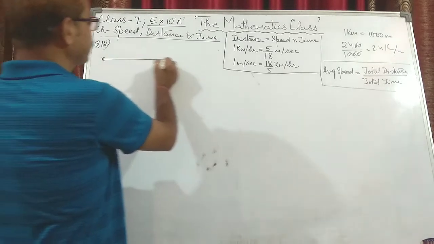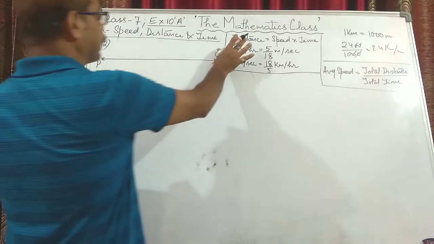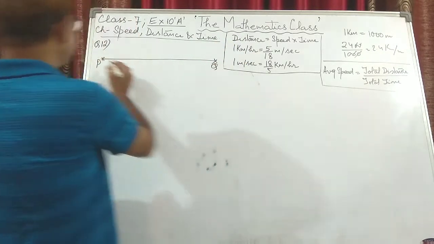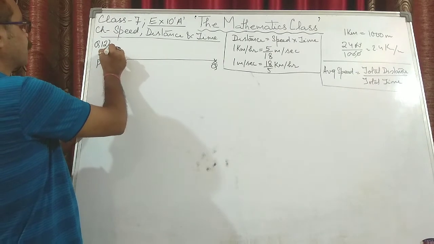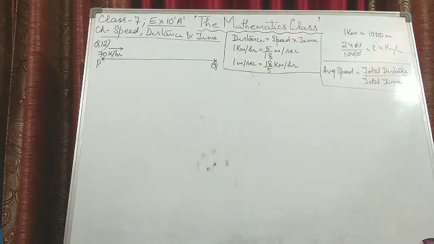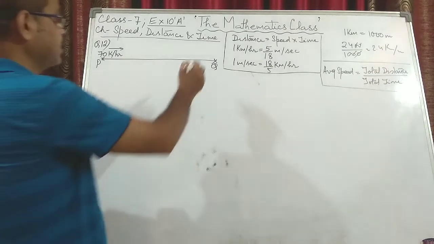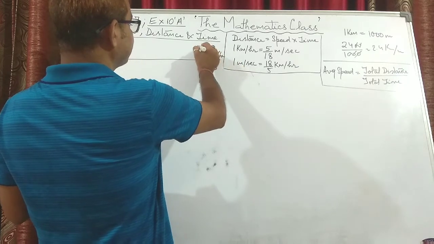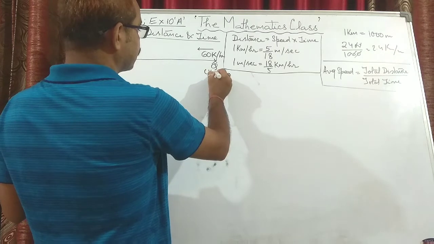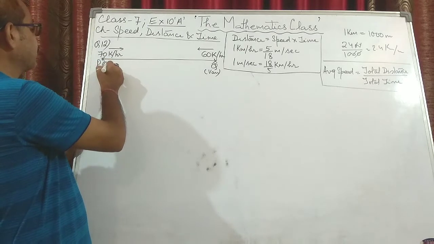This is town P and this is town Q, and a car is traveling from P at a speed of 70 km per hour towards Q. Then they say at the same time a van started from town Q and traveled towards town P at a speed of 60 km per hour.